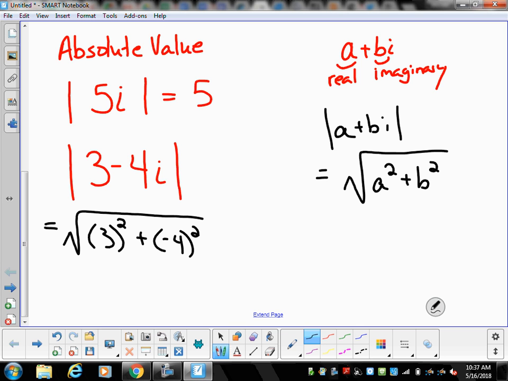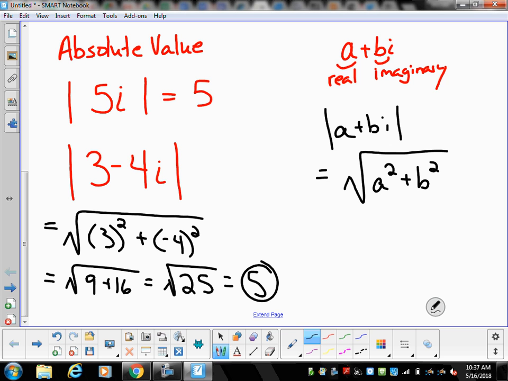And you can plug that straight into the calculator. I'll actually go ahead and work it out on the board here. 3 squared is 9. Negative 4 squared is 16. Add those together, I get 25, and the square root of 25 is 5.